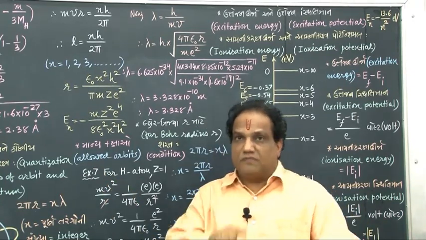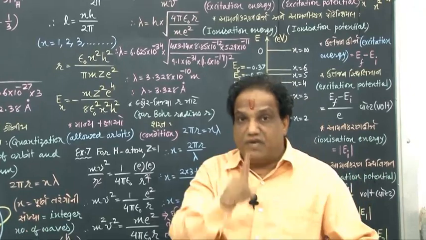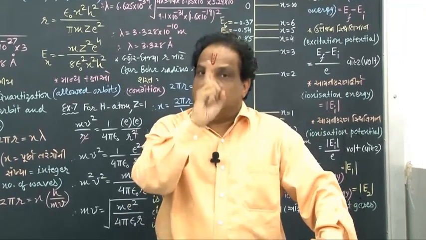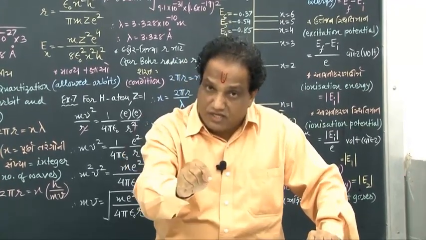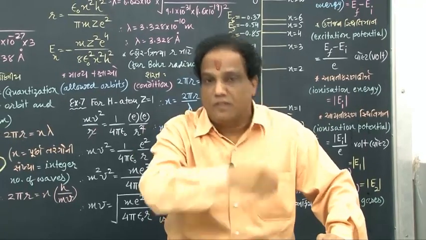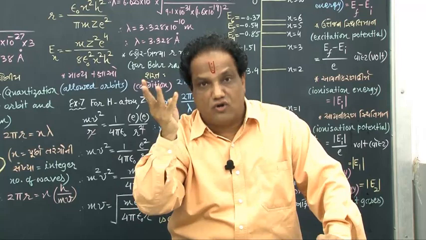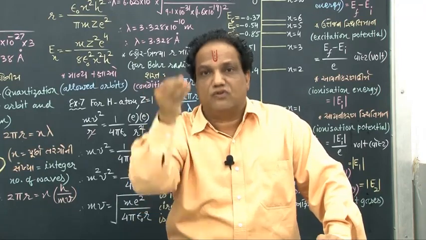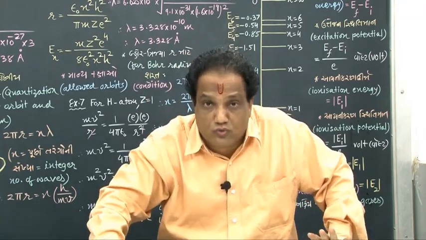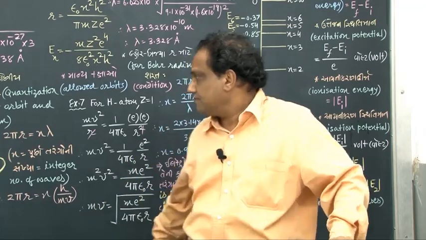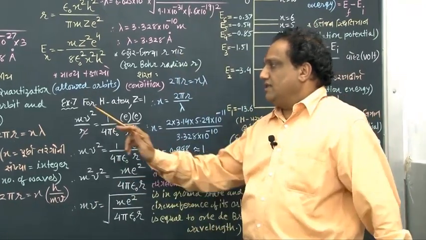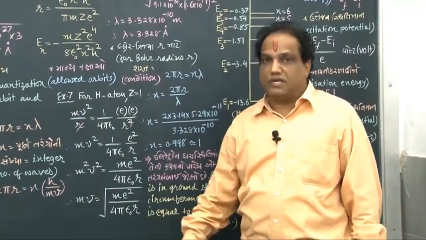So remember, the orbiting electrons behave like waves, and using this wave property of the electron we can also get quantization of total energy, quantization of the radius of the circular orbit, and quantization of angular momentum, correct? Fine. Now kindly read the statement of illustration number 7.